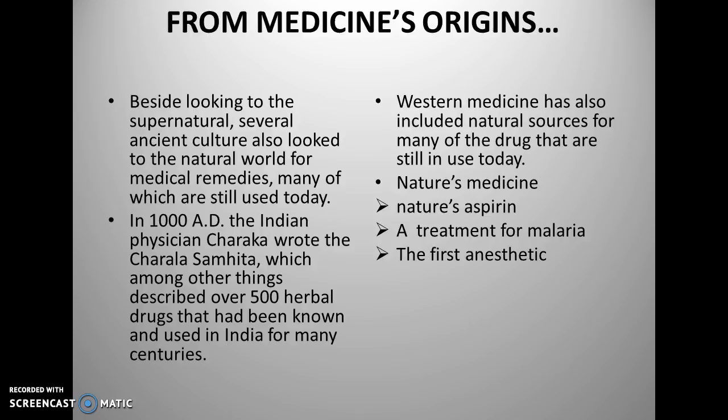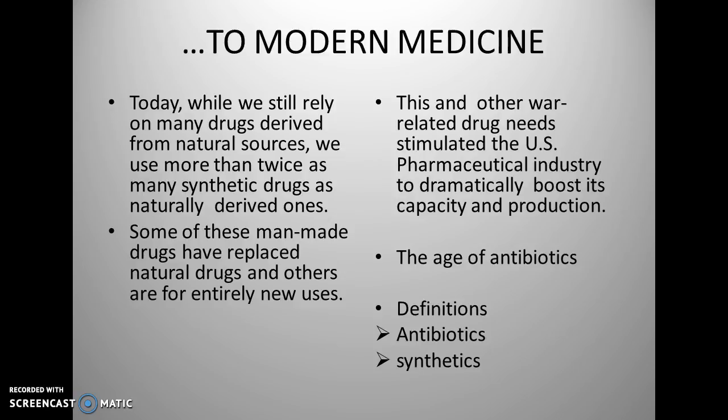So as you can see, humankind always looked for nature to solve certain problems. Today, we still rely on many of those particular drugs that are derived from natural sources.